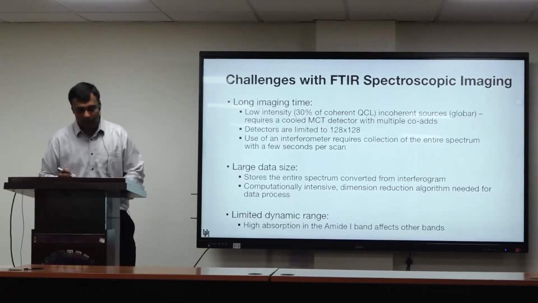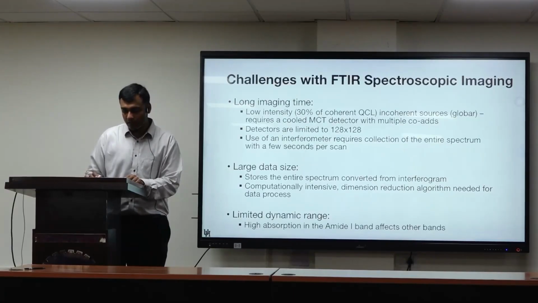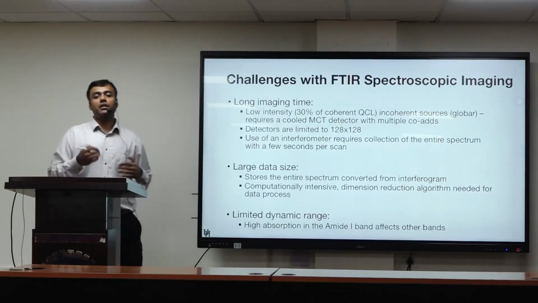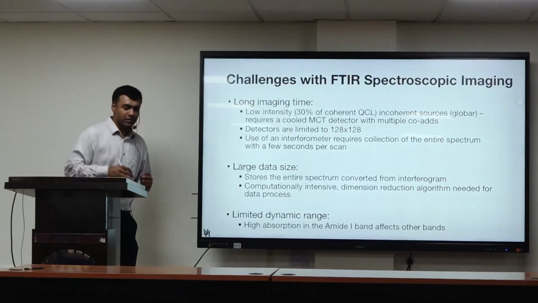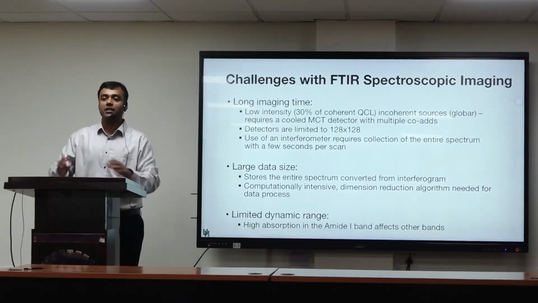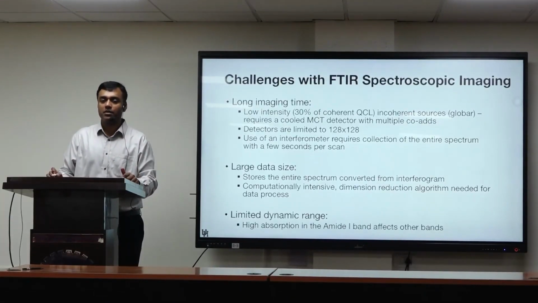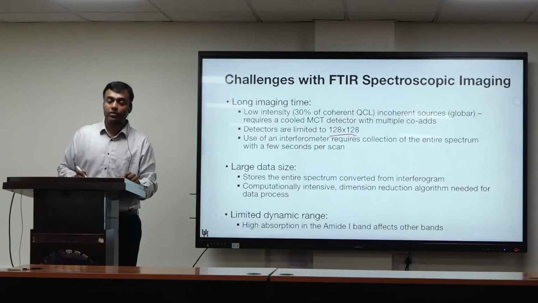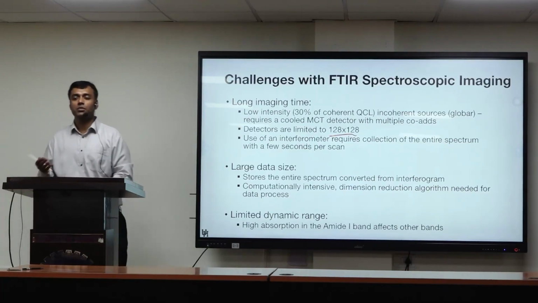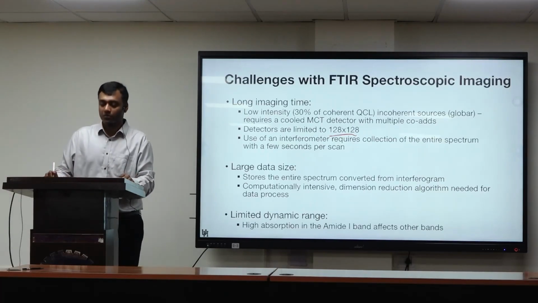The intensity of light is relatively low, and the detectors, for example, are limited. Even a cell phone camera will have megapixels, right, millions of pixels on it. But for mid-infrared, it so happens that it's very difficult to make these camera type sensors. 128 by 128 or 256 by 256 is a common size. The number of detectors is very few.